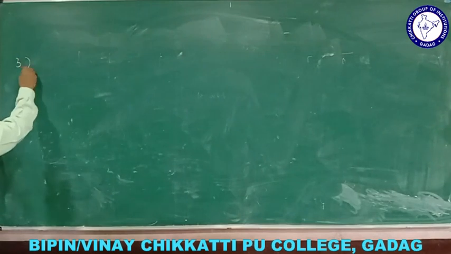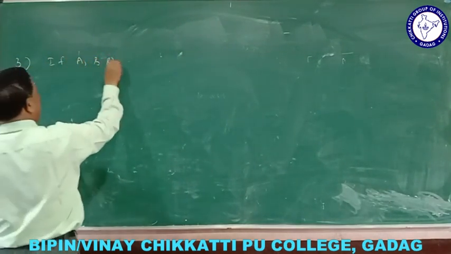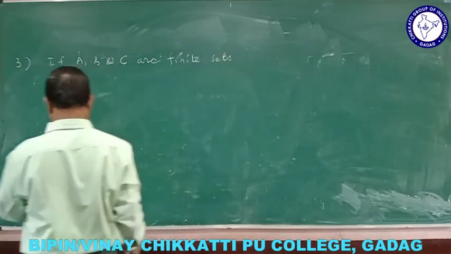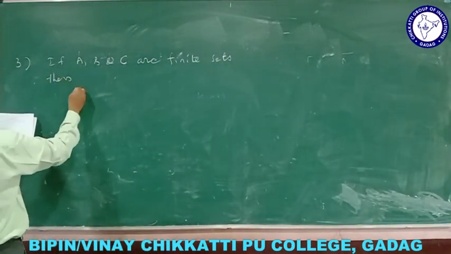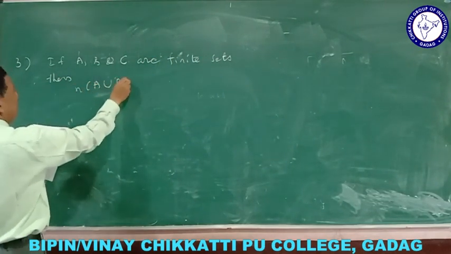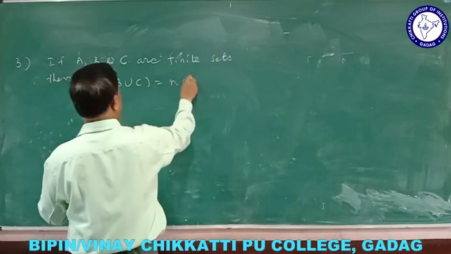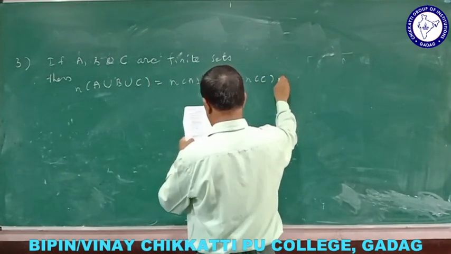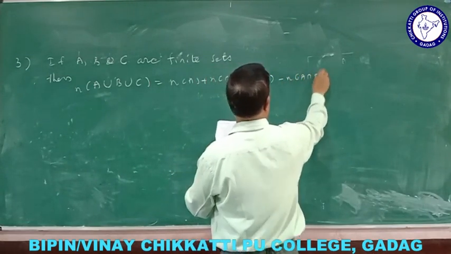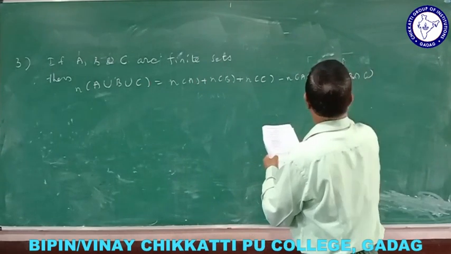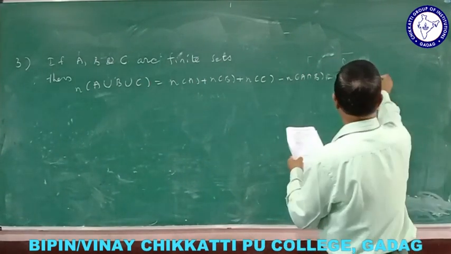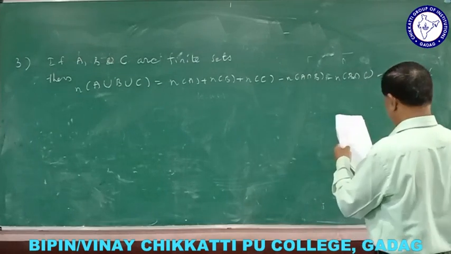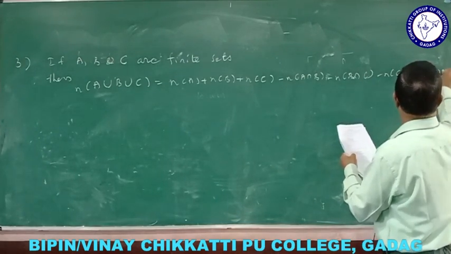You see the last, the third: if A, B and C are finite sets, then this is somewhat lengthy, you understand this. n(A union B union C) is equal to n(A) plus n(B) plus n(C), minus n(A intersection B), minus n(B intersection C), and minus n(C intersection A), and plus n(A intersection B intersection C). This is the result.